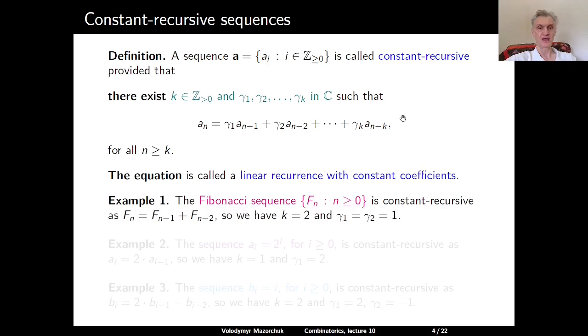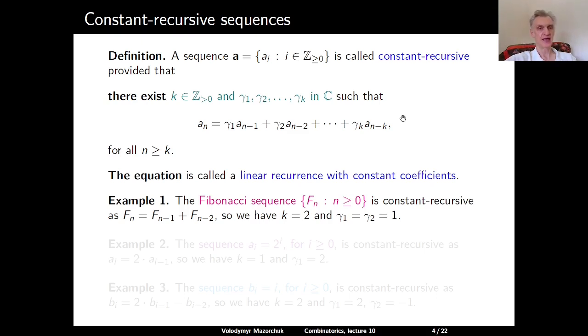For example, the Fibonacci sequence which we started with, that's a sequence of numbers which are usually denoted f_n, where n is a non-negative integer. This is a constant recursive sequence because by definition f_n is equal to f_(n-1) plus f_(n-2) for all n greater than or equal to 2.